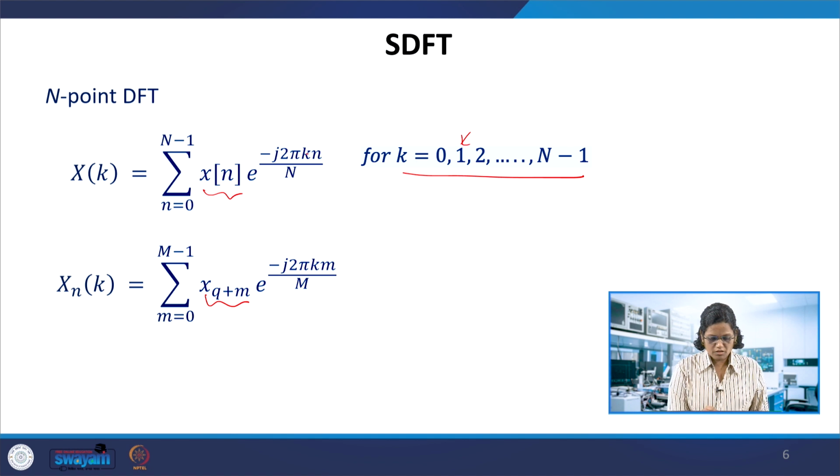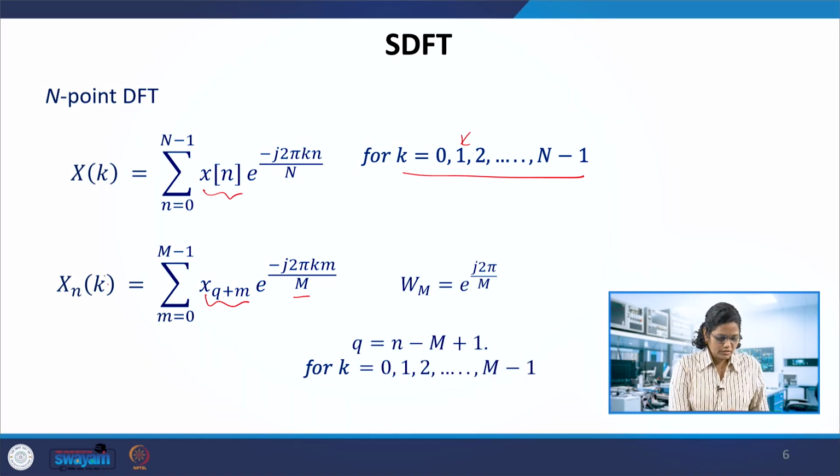e power minus j 2 pi k n, I just replaced n with m, so this notation will be useful when we come back to n again. So k m by M. M has the same meaning, the number of samples you are considering in the window. So this is for the current window. So what is this q and m?